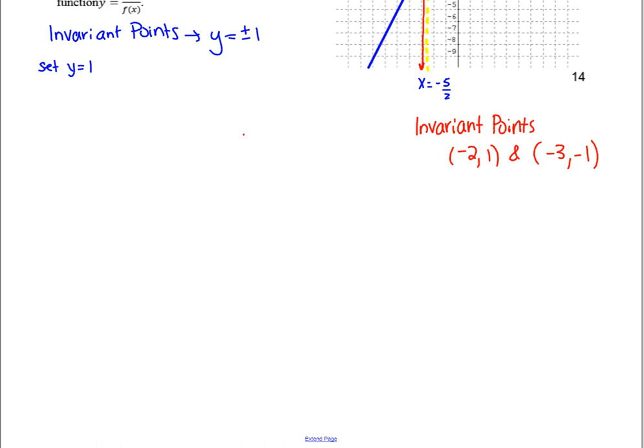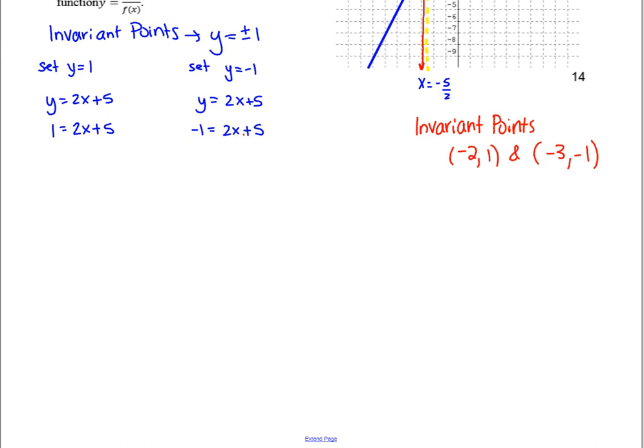So it's easier to use which equation, 1 over 2x plus 5 or 2x plus 5? Probably just 2x plus 5. Because they're the same point on both equations, it doesn't matter which one you use. It's the point of intersection. So you take your original, set the y's equal to 1 and negative 1 and solve for x. That's how we algebraically determine the invariant points.